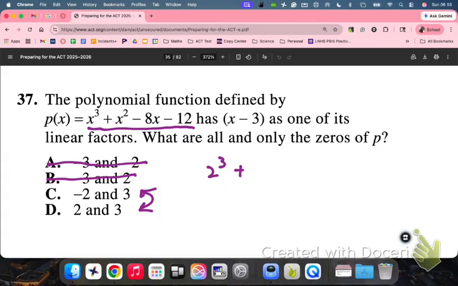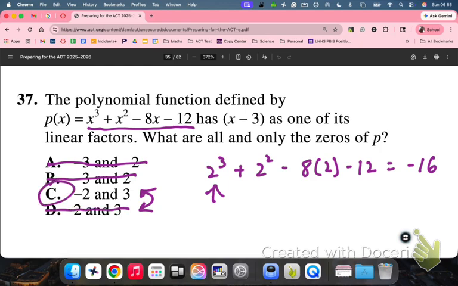If I'm cubing or squaring a negative number, I don't want to risk mistyping something. So I'm going to calculate 2 cubed plus 2 squared minus 8 times 2 minus 12, and I get negative 16, which means 2 is not a solution, and the solution has to be C.